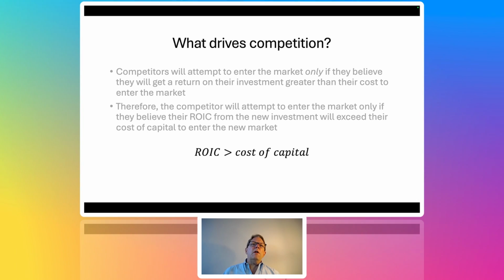All right, so return on invested capital greater than your cost of capital is going to be the filter that a rational CEO will use to decide to enter the market. So it's not a positive NOPAT per se that attracts competition. It is the opportunity to enter a business and earn a return on that investment greater than the cost of entering that investment. In other words, the return on invested capital in the new entrance into this business is greater than their cost of capital.